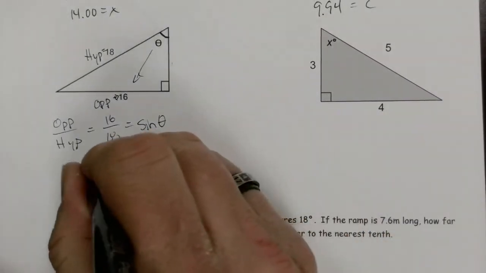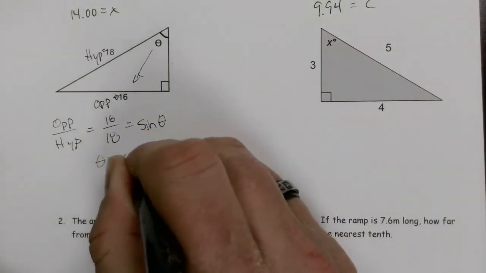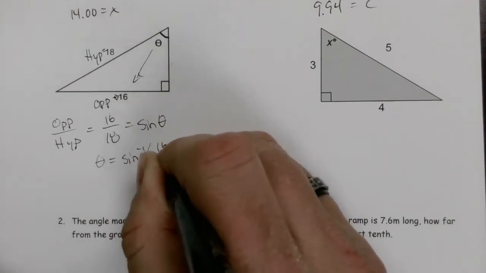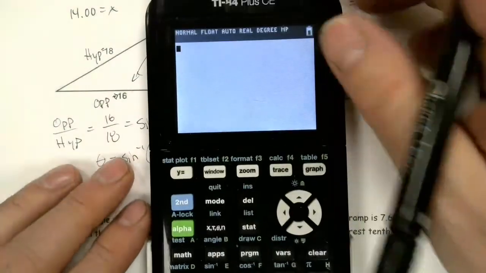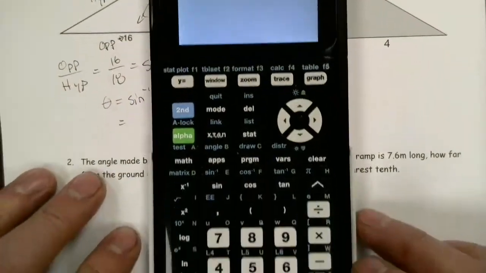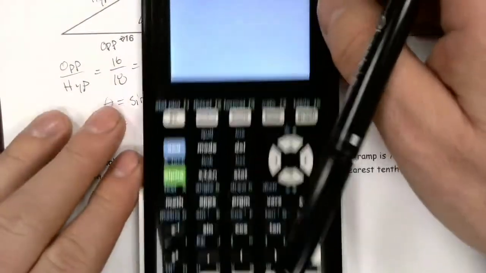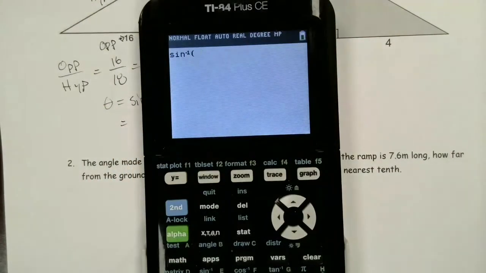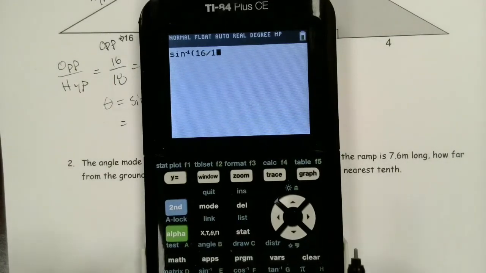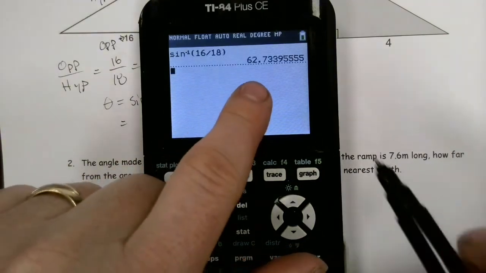So what happens here is theta is equal to the inverse sine of 16 over 18. So to get that inverse sine, I press second sine. And then I get this sine with a little -1 in the exponent there, which is telling me that this operation is going to be the opposite of the sine ratio. And then I'll plug 16 divided by 18 inside there.